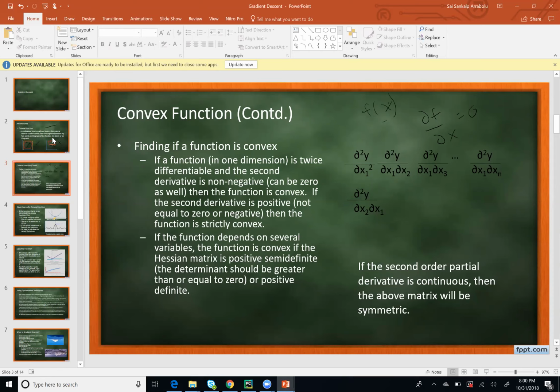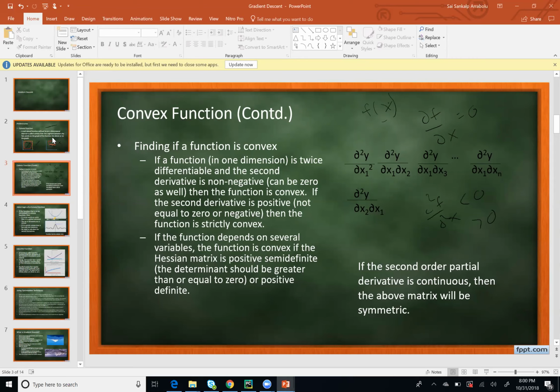And if you take the double differential of that function, if it is greater than 0, then it is minimum. If it is less than 0, it's maximum. I won't go into details, but I think you must have learned in high school why the double differential being greater than 0 means minimum and less than 0 means maximum.